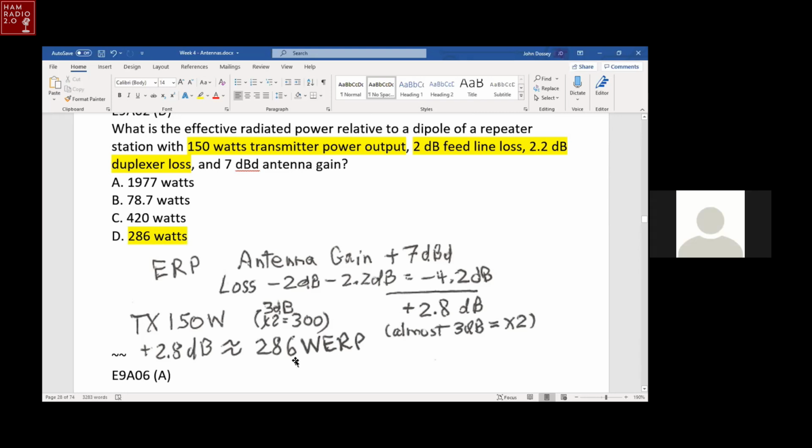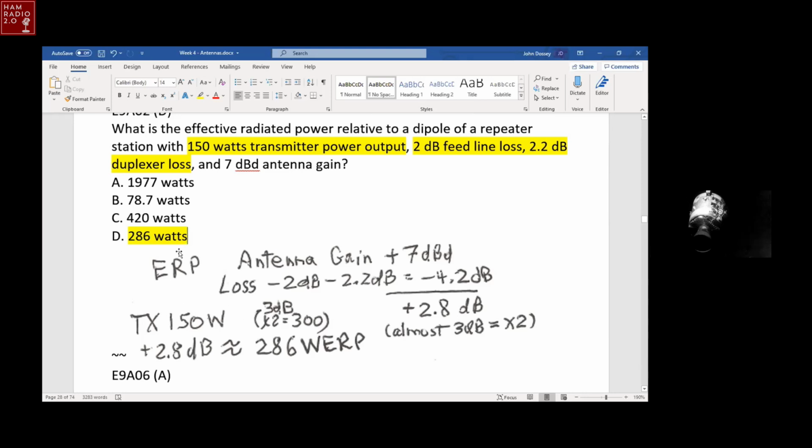I mean, yeah, you can find an exact multiplier for 2.8 dB with a calculator, but you don't need to, because it's not 400. It's not going to more than double the power. It's not going to be 78 watts. That's roughly half the power of the 150. It's not 2 kilowatts. It's not going to do that. The answer is 286 watts, just below.